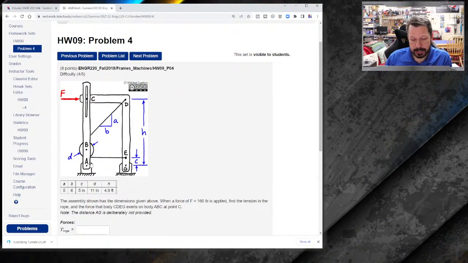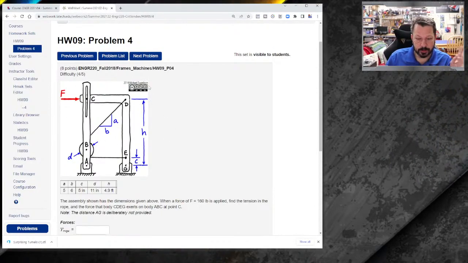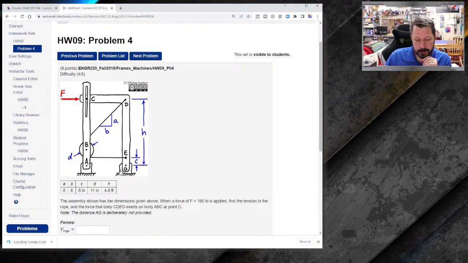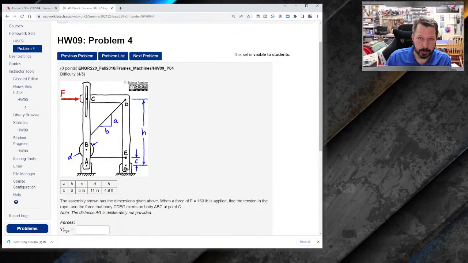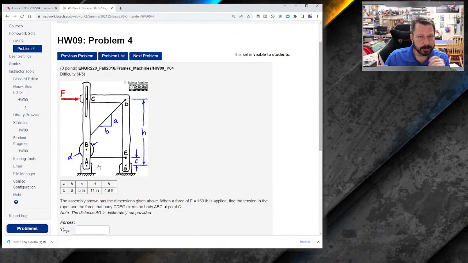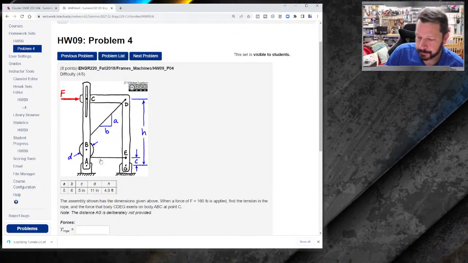So anytime in this course, when you see a frame, machine, truss, whatever it is, that has 2 pins, not a pin and a roller or a fixed support, that's a visual clue that there's something you've got to think through.